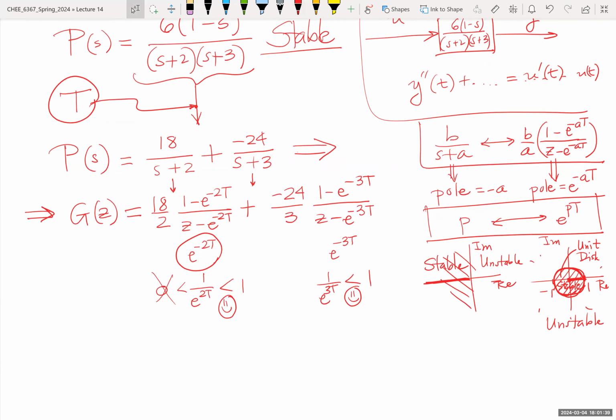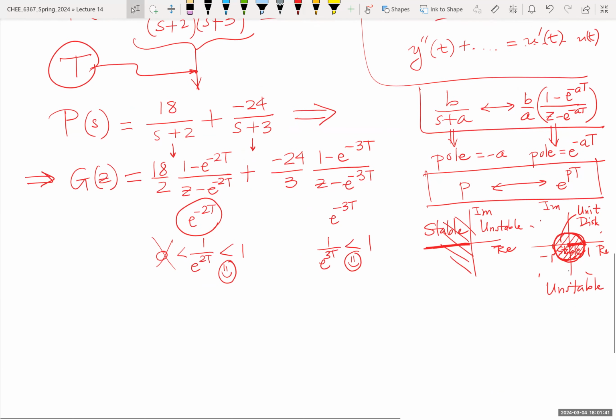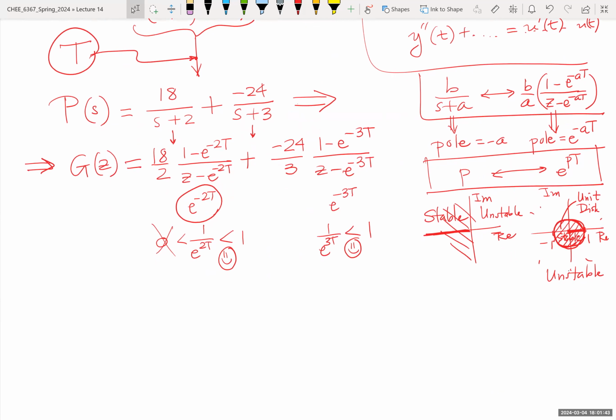There is more interesting behavior, though, with the zeros. Because if I take this g of z and lump it into one transfer function, and I have done the algebra, but I see that I didn't include it in the notes. So I'm going to leave that as a homework, not to hand in.